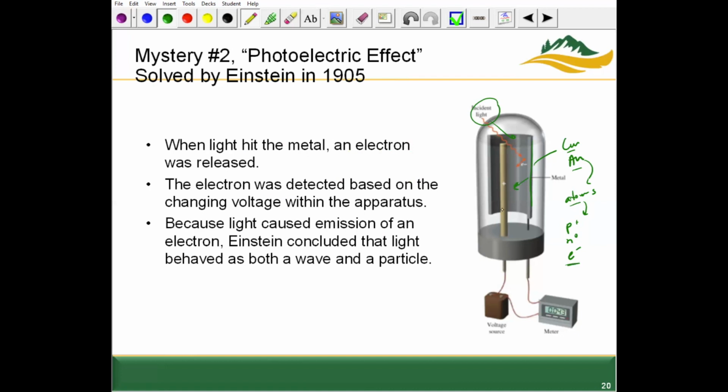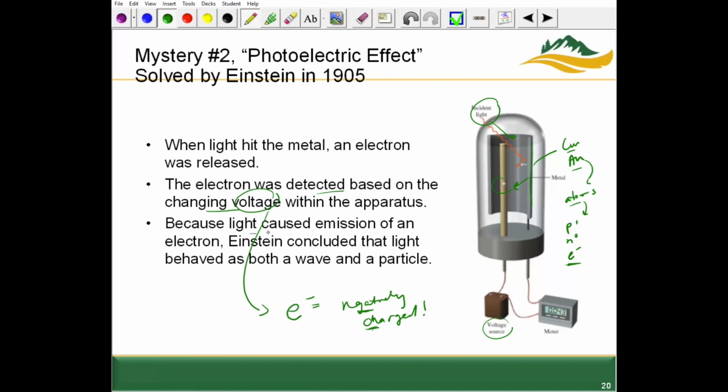Then these electrons can be detected based on a changing voltage within the apparatus. Why would the voltage be impacted by electrons being released? Well, we can see a change in the voltage because electrons are negatively charged, and the voltage is detecting the change in negative and positive charges.